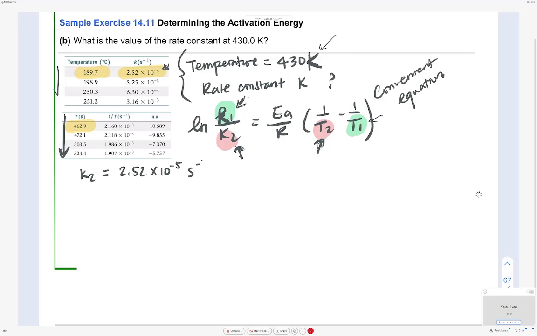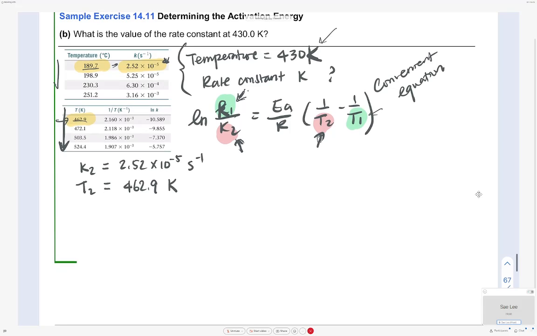The unit is inverse second. T2 for that specific reaction is 189.7 degrees Celsius, which converts to 462.9 Kelvin. We're going to plug all of this information in, and we already have T1 provided from the question.